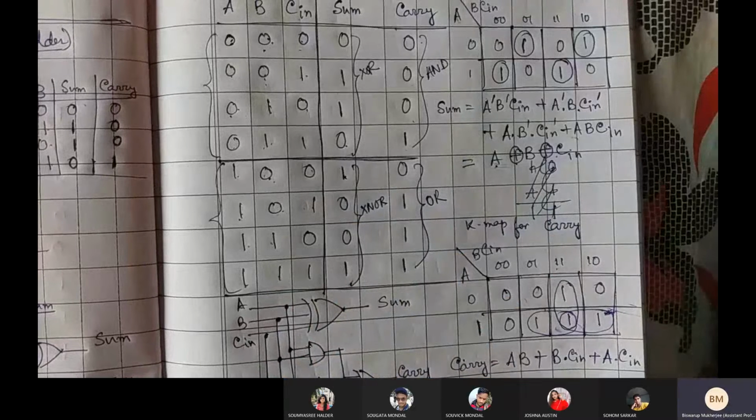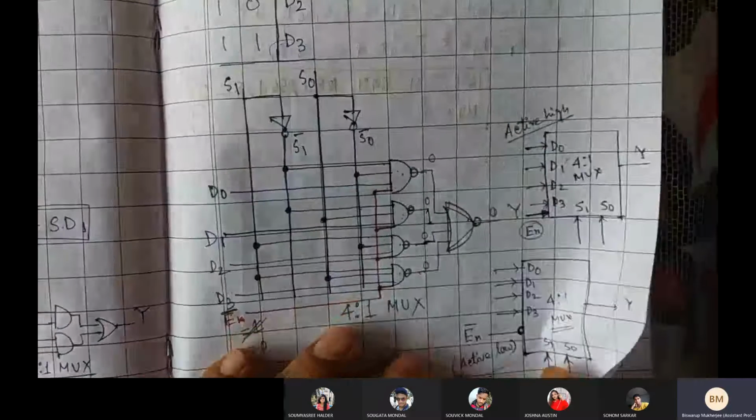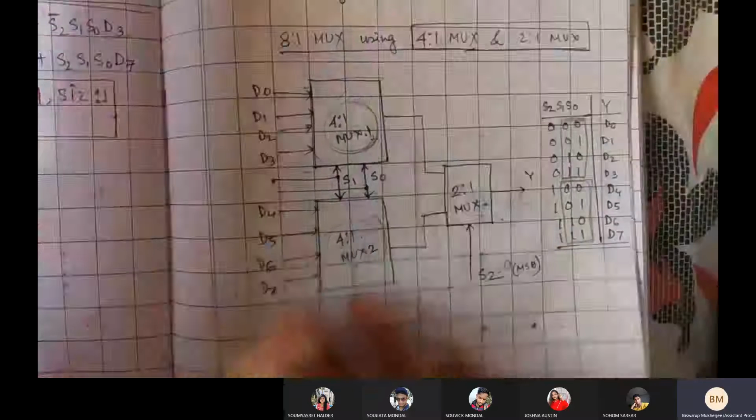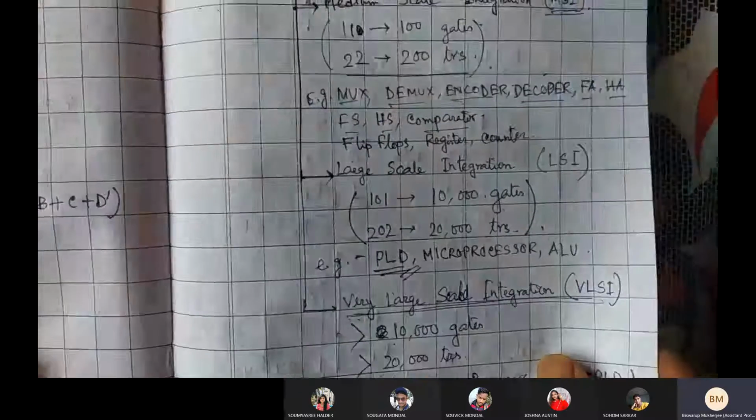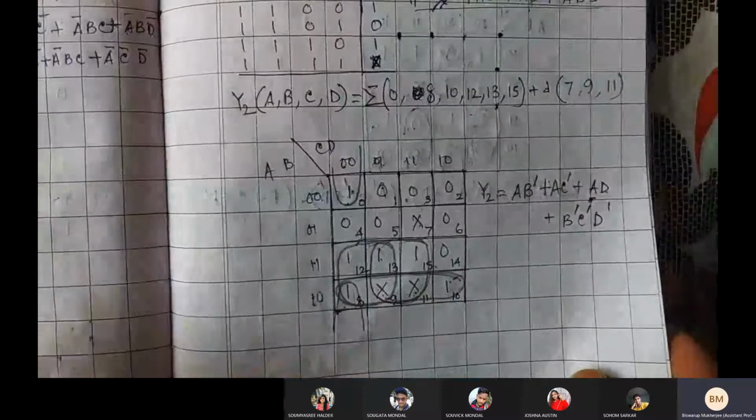One of the problems was given in your class test 1. There the problem was something like that. Do you know what the problem was? I have probably discussed that one in the theory class.